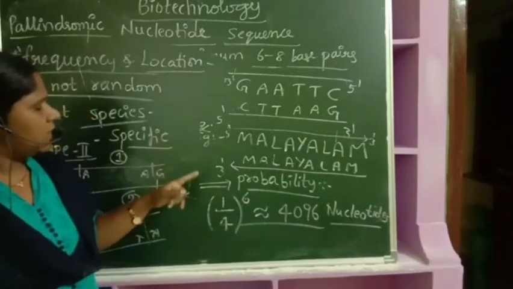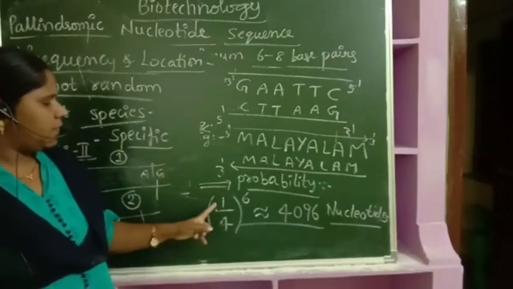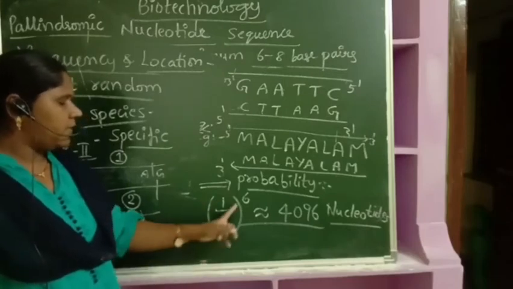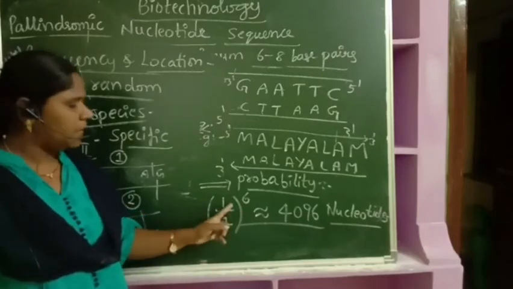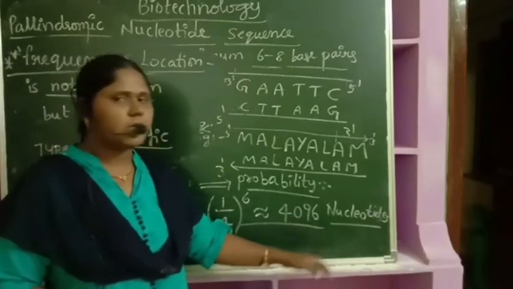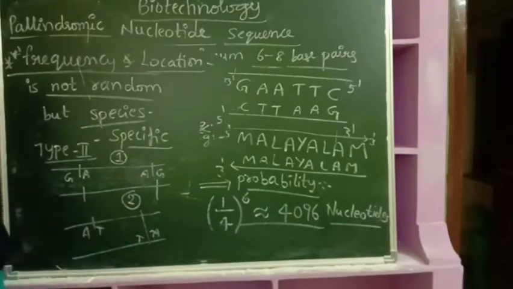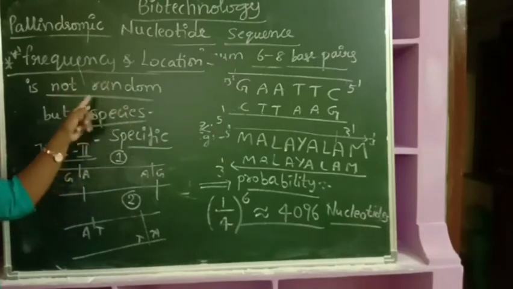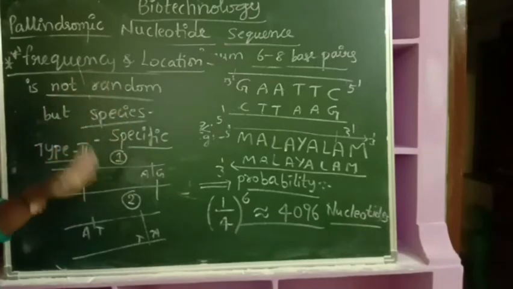If you take the probability for one fragment, there are 4 types of nitrogen bases and each site has a minimum of 6, so (1/4)^6, which is approximately 1 in 4096 nucleotides. Now, the frequency and location are not random. It cannot cut wherever it feels like cutting. It is always species specific.